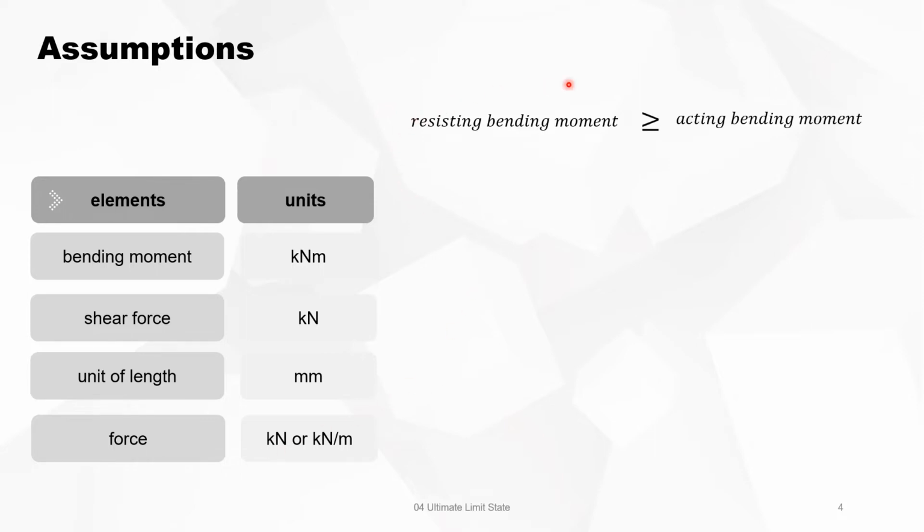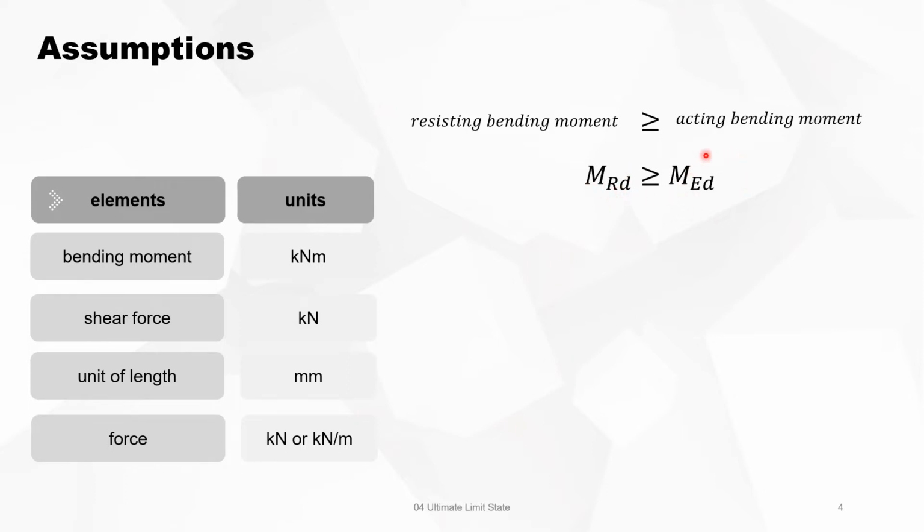The main principle is simple. The resisting bending moment must always be bigger than the acting bending moment. Resisting bending moment is indicated with MRD. So during the course, if MRD is written down, then you know this is the design value, the D, the design value of the resisting bending moment.